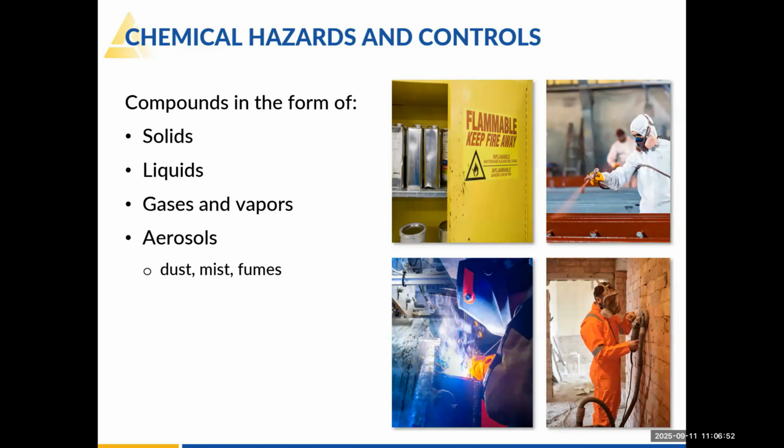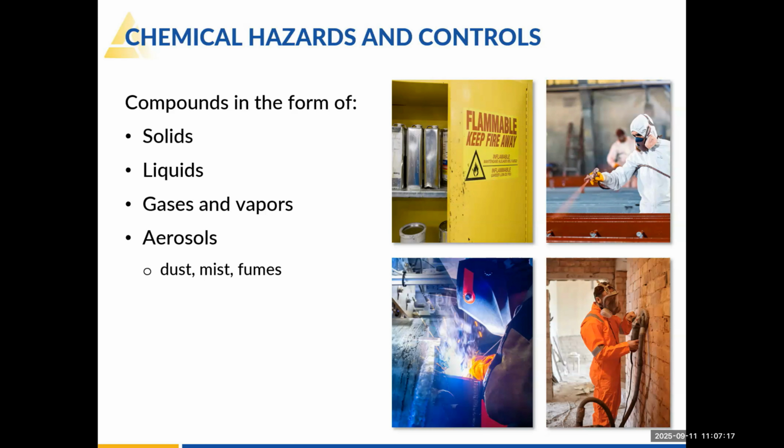So again, for the chemical hazards, this is where I want you to step outside the box or the norm a little bit. When we start talking about chemical hazards, people immediately think about the liquid stuff, the things that can spill. But this is where I'm going to ask you to think a little bit outside of that. Chemical hazards have a lot to do with solids, liquids, gases, vapors, dust, mist, and fumes.